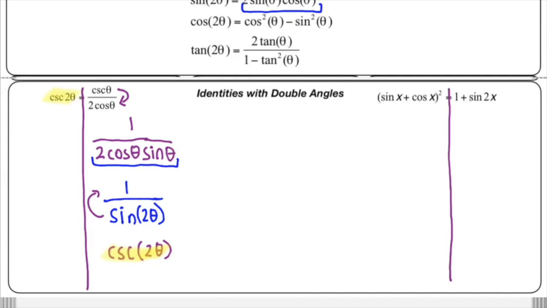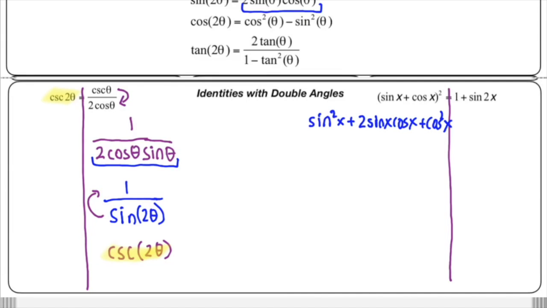So what I'm going to do is FOIL the left-hand side, and when I FOIL it, I'm going to get sine squared x plus 2 sine x cosine x plus cosine squared x. Okay, so that's just FOILing that guy out.